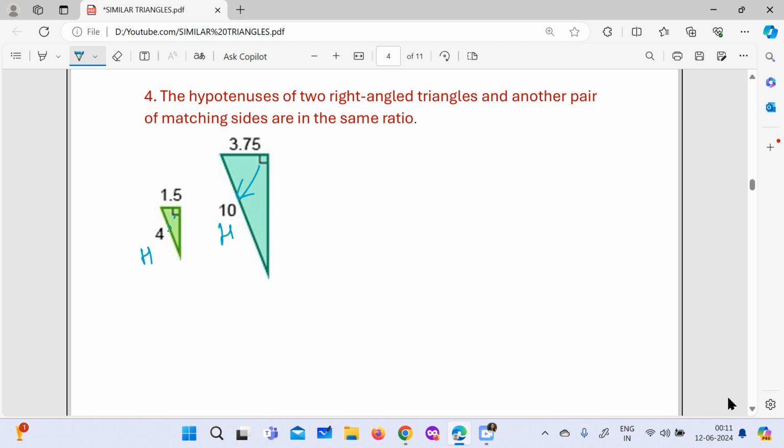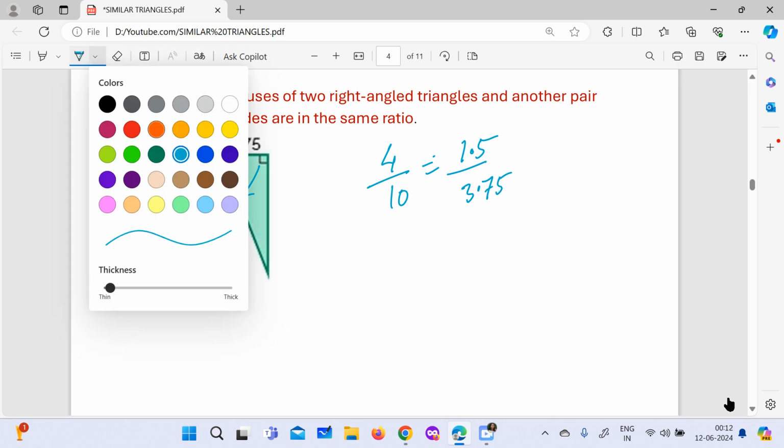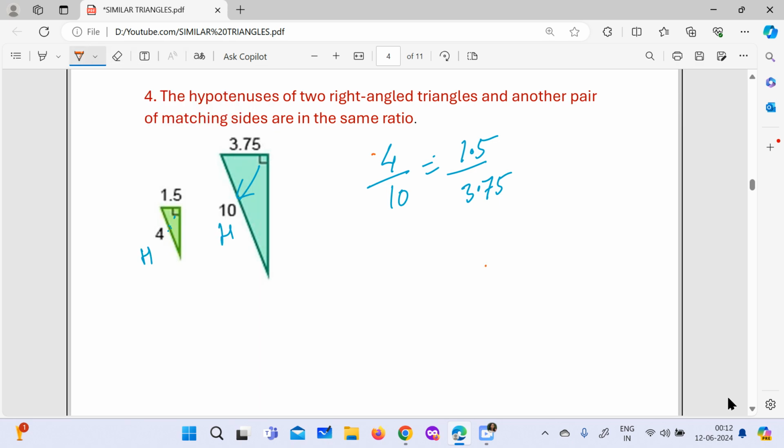So let me write this as the ratio 4 over 10. Now this should be equal to, it says another pair of matching sides, so equal to 1.5 over 3.75. Let's solve this.